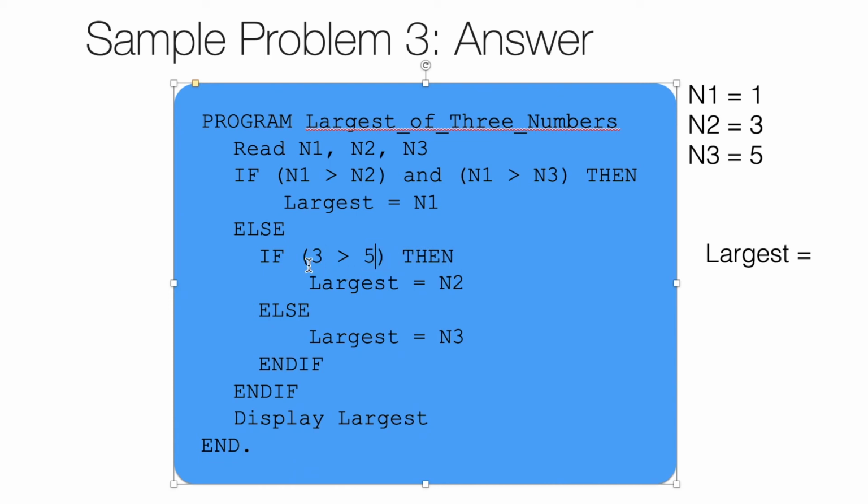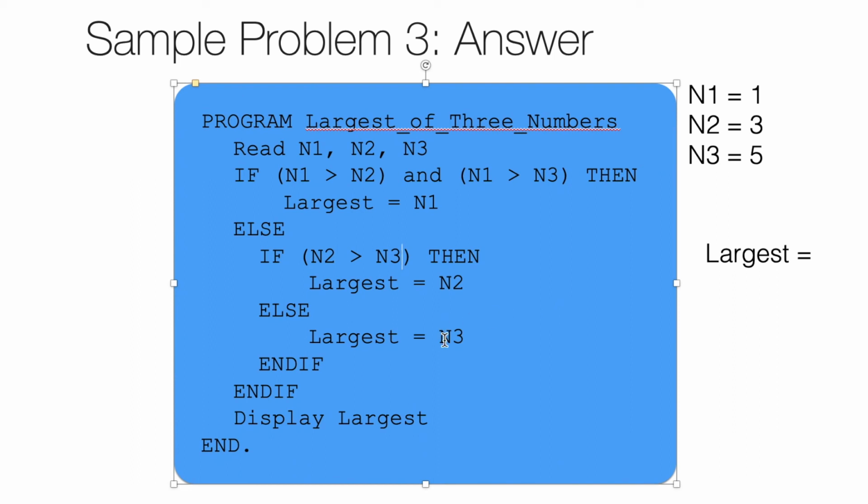Does this condition become true? No, 3 is not greater than 5. That condition becomes false, so I'm not going to execute this statement. Then I'm going to execute the else part of this if clause, where I assign my largest to be n3.